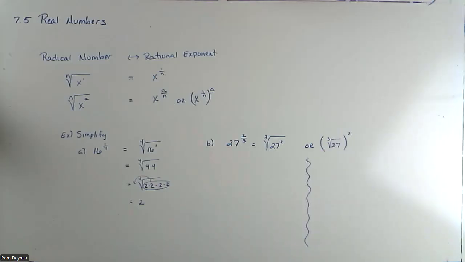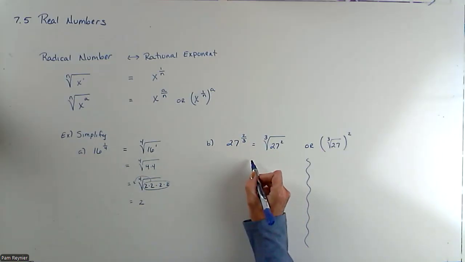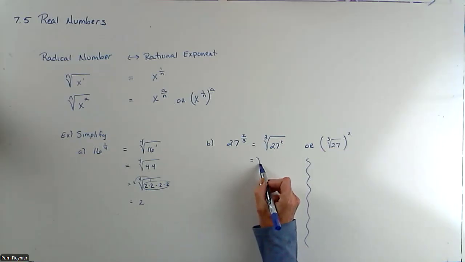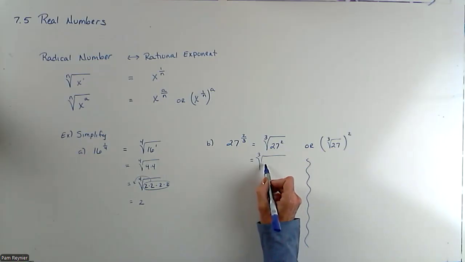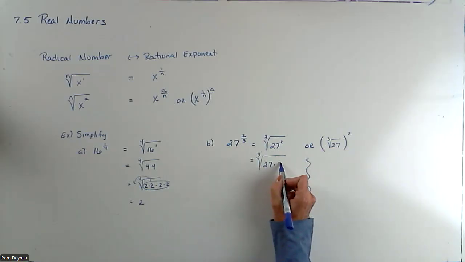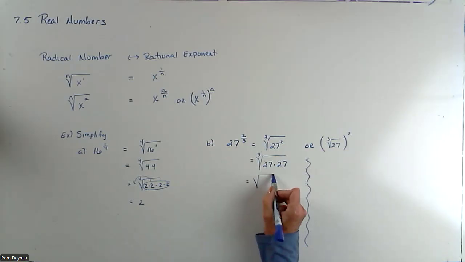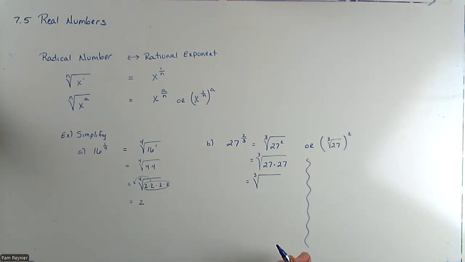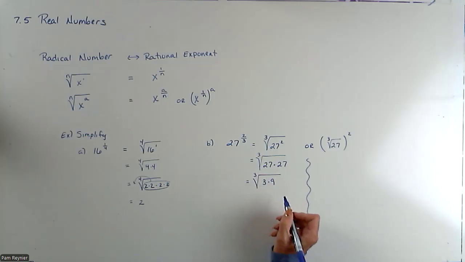Since the denominator is 3, that's our index number. So I'm looking for 3 identical factors, and there's a lot of ways we can do this. 27 squared, do not multiply it out. Write out literally what it means. It means 27 times itself. Now we can factor or break those down, and there's a couple things we can do. I'm going to choose to say, well, 27 is 3 times 9, and 27 is 3 times 9.